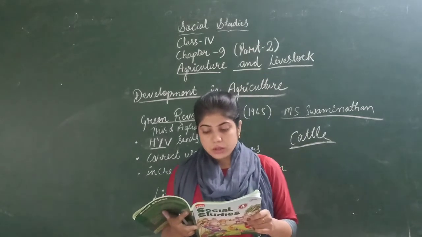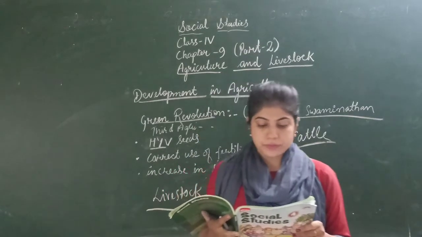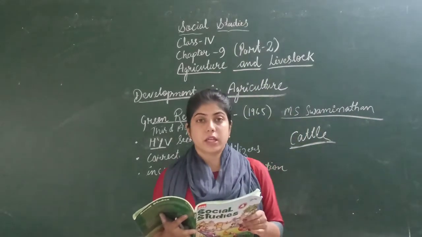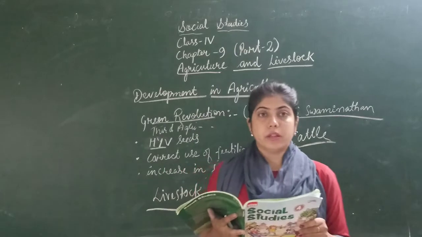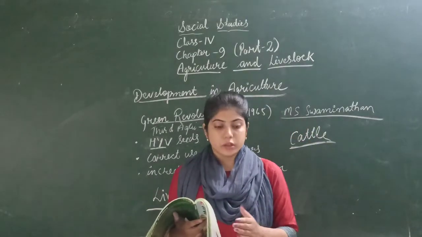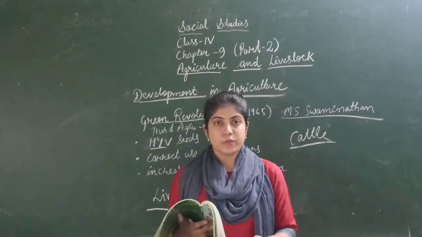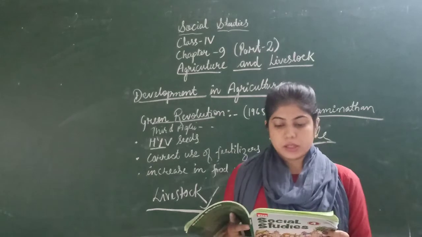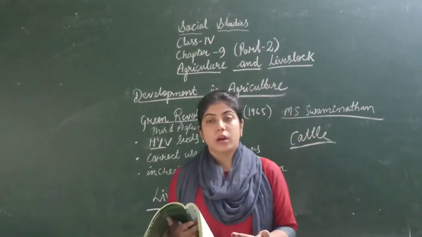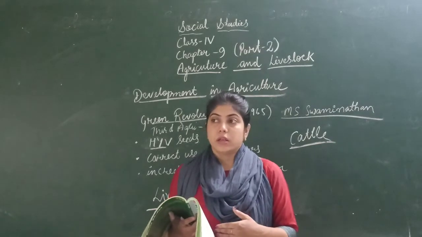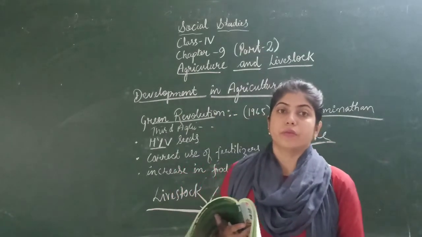So first of all, farm waste. What is farm waste? Farm waste is the unwanted waste. That is after the harvesting in the field or in the farm you have seen. जब फसलों की कटाई हो जाती है तो कुछ पार्ट इसमें रह जाते हैं. That is the farm waste and that is used by the animals as fodder. That is animals use it for eating.